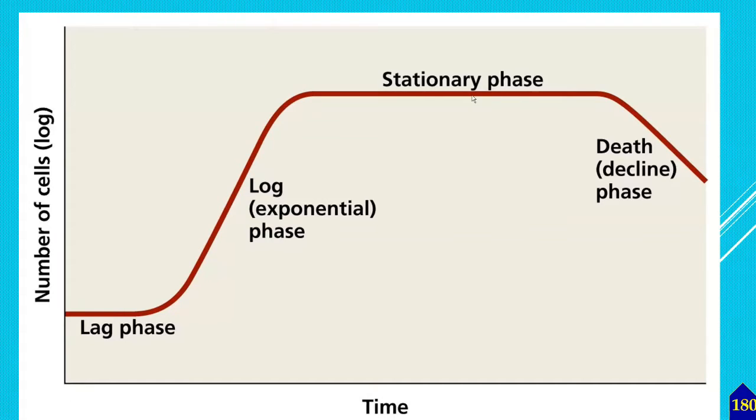Then for some time there is no development, which is called the stationary phase, and later the bacterial number declines by death of the bacteria, which is called the decline phase. So lag phase, log phase, stationary phase, and death phase. These are the four phases.